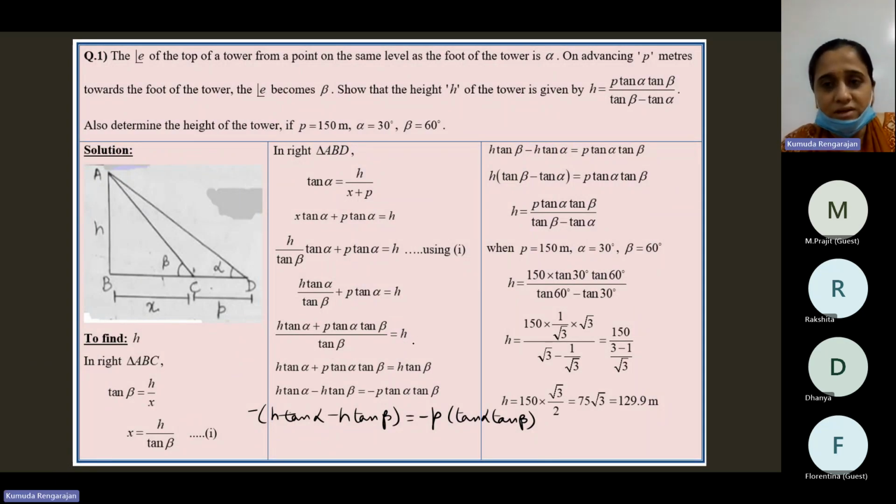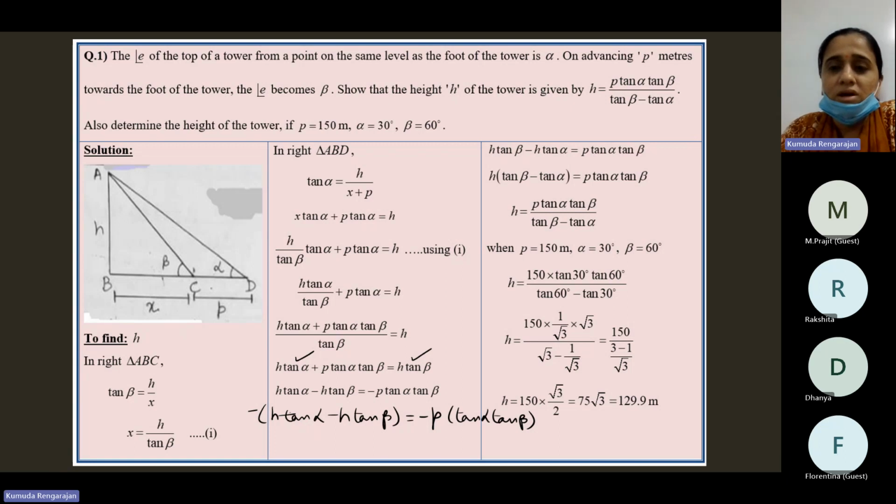And then since we are finding an expression for h, you must have all the terms that contain h on one side. So this term has h, this term also has h. Group the h terms on one side, any side, LHS or RHS, and the terms that do not contain h on the other side.